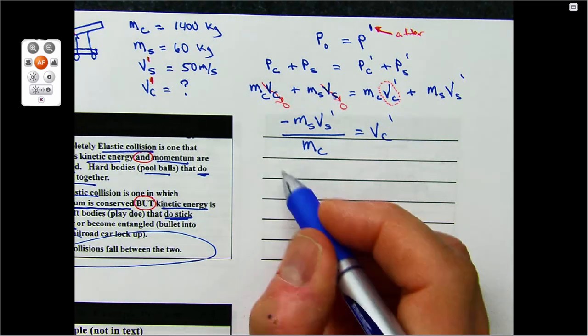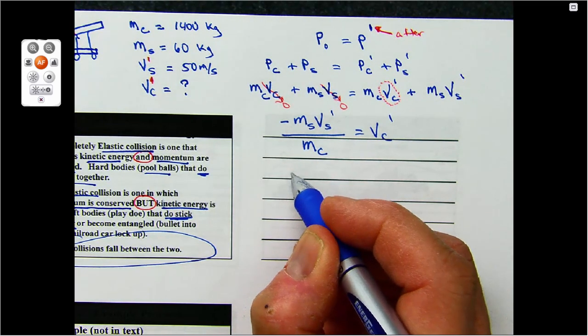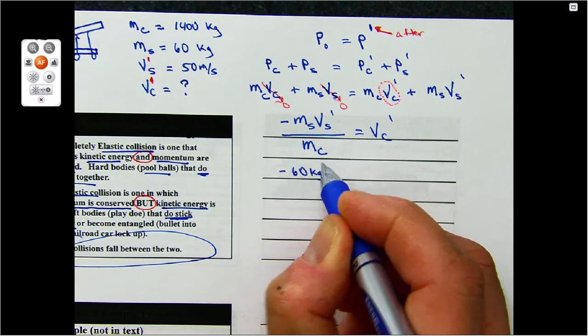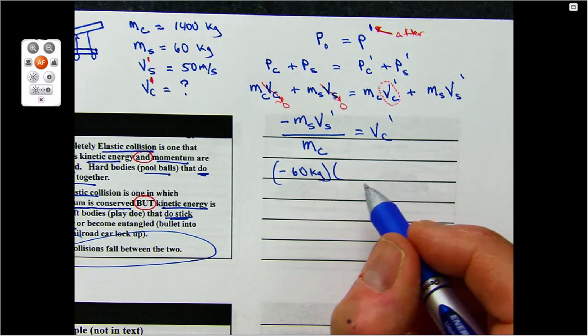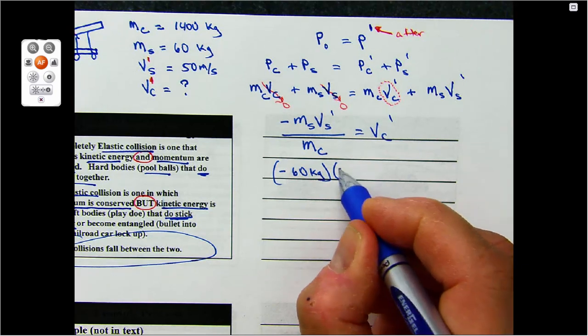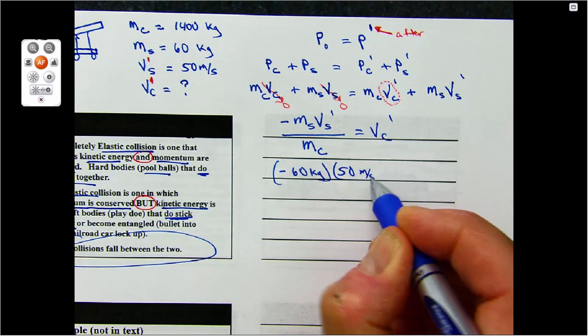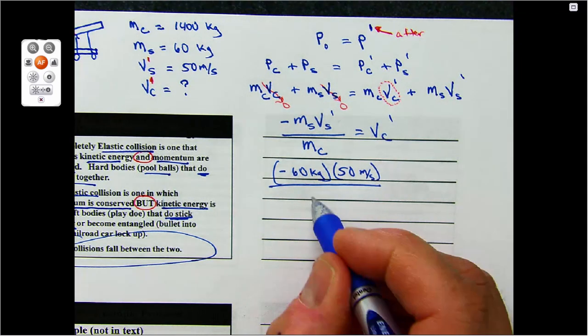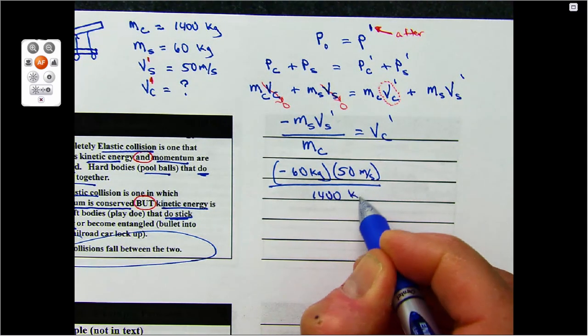If we plug this in, mass of the shell, we're going to end up with negative 60 kilograms. Velocity of the shell was 50 meters per second, divided by my cannon, which is 1,400 kilograms.